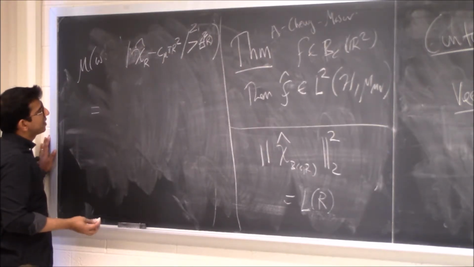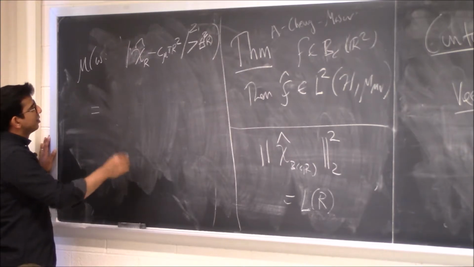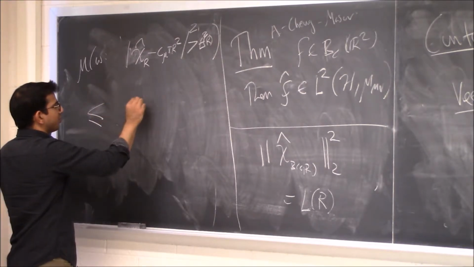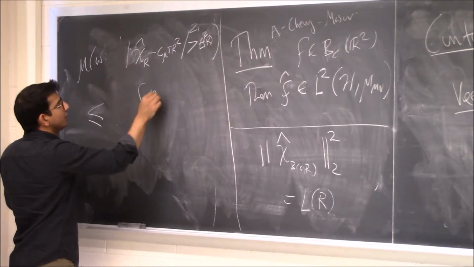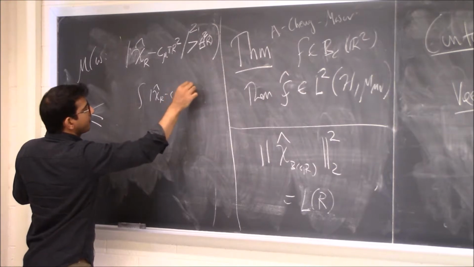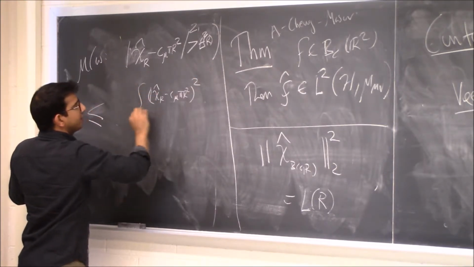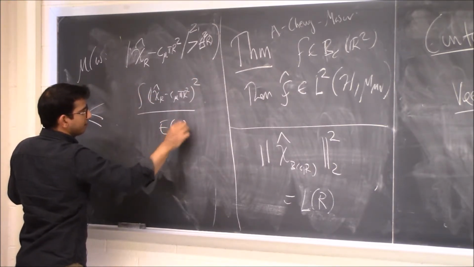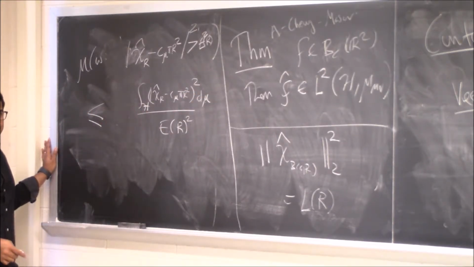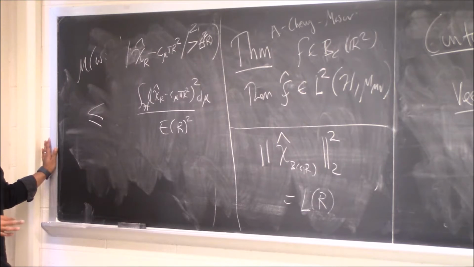And so what is this? This is less than or equal to the integral of chi r minus c mu pi r squared, divided by E of r, squared. This is just the inequality you learn in first year analysis.